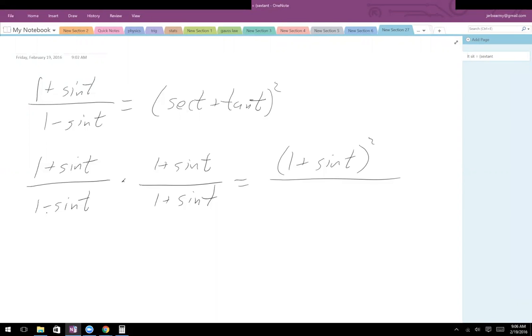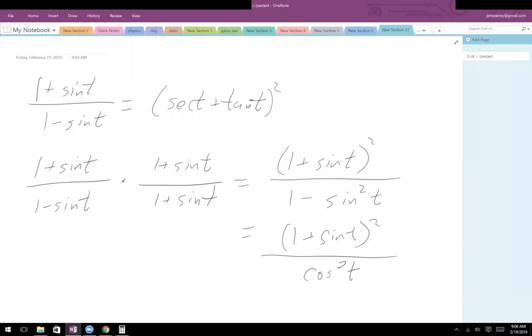Okay, so on the bottom we have 1 squared, which is 1, minus sine squared. And as Michaela just pointed out, what is 1 minus sine squared? Cosine squared. Over cosine squared. Wait, is that an arrow or a plus?